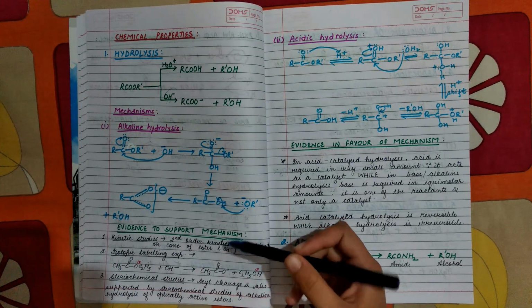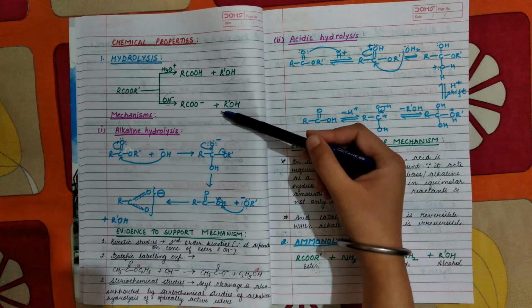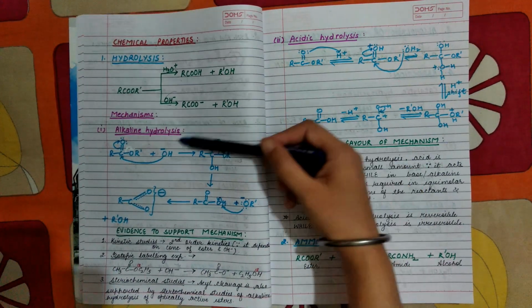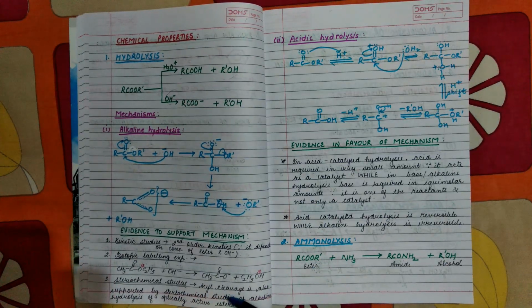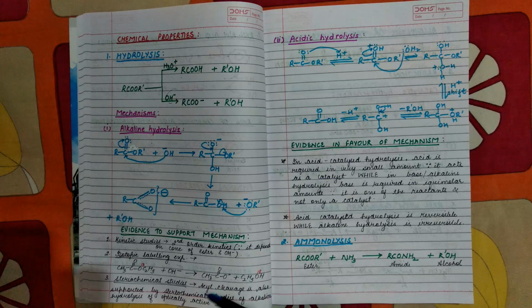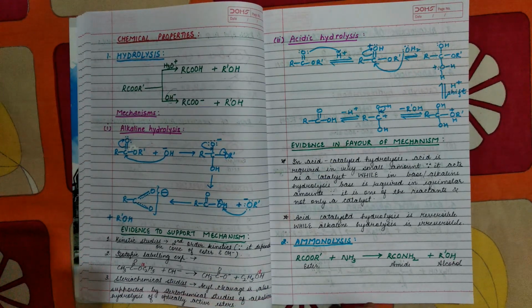So it is clear from this isotope labeling experiment the mechanism of alkaline hydrolysis is this. Then we have stoichiometric studies. Acyl cleavage is also supported by stoichiometrical studies of alkaline hydrolysis of optically active esters.